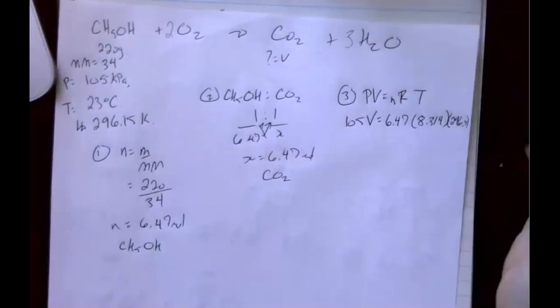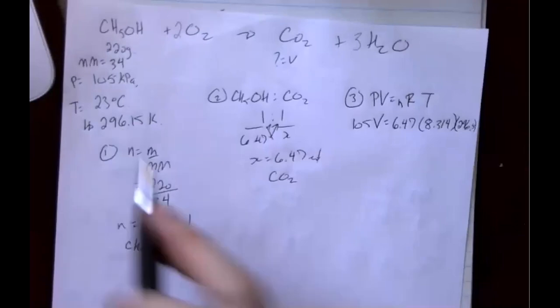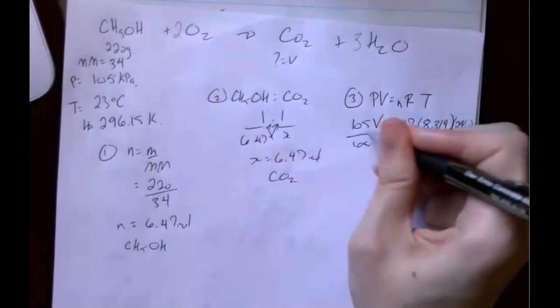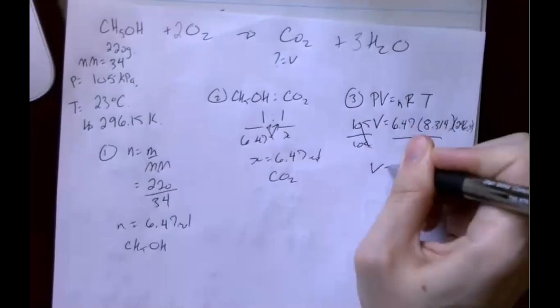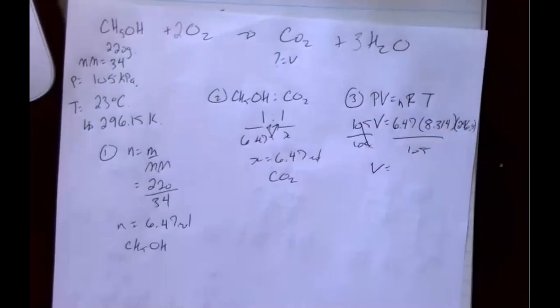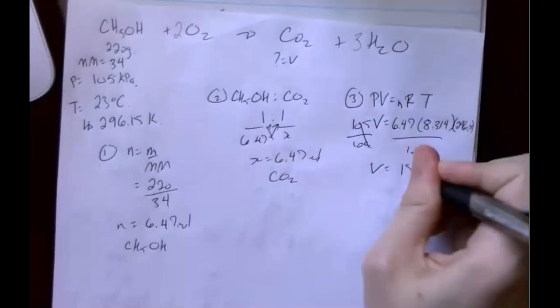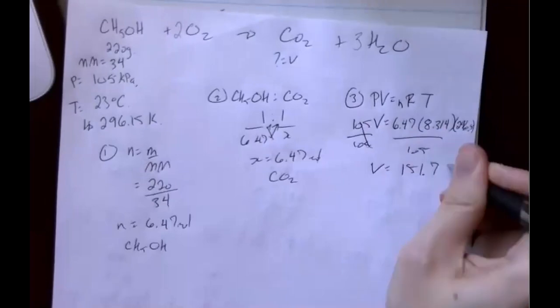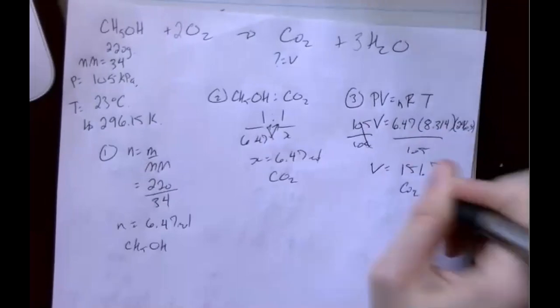Sorry, I'm running out of room, but it's written right there. And then I'm going to divide by 105 to isolate V. So 6.47 times 8.314 times 296.15, all divided by 105 gives me 151.7 liters of carbon dioxide.